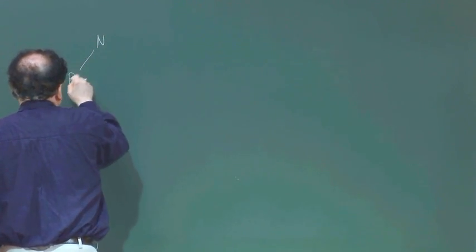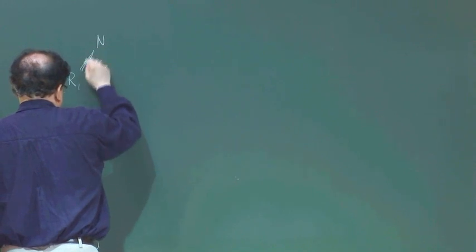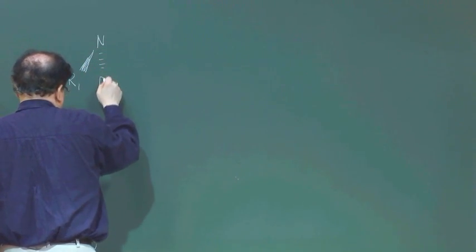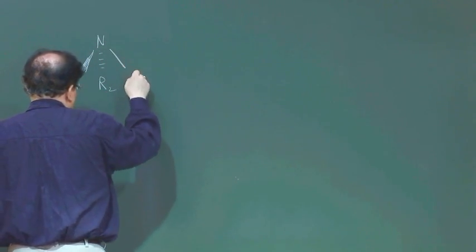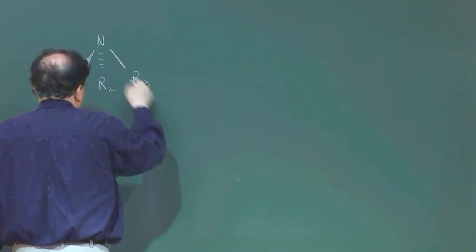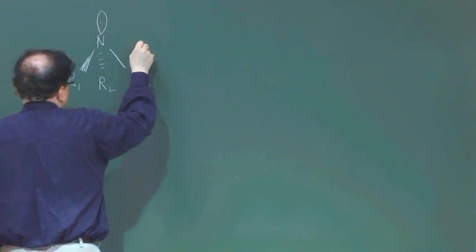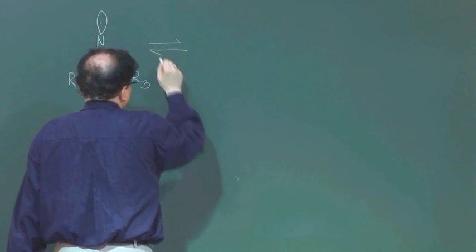So, let us draw that nitrogen compound, the trialkyl nitrogen compound, and we now come to the very basic question: why is this inversion barrier so low in nitrogen?